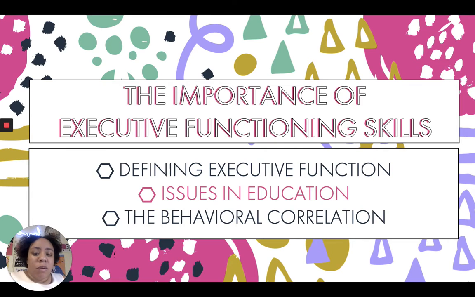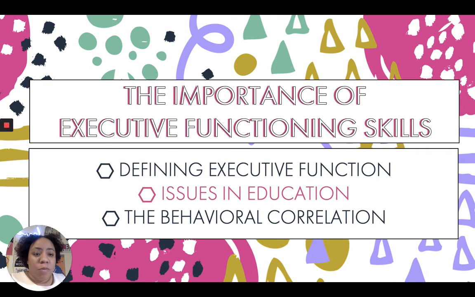I'm also going to talk about why executive functioning is a major issue in education. Students need to know these skills, but they are not being taught these skills early enough to be successful in their middle school and high school years. So I'm providing some rationale of how important it is to actually teach this in early education.